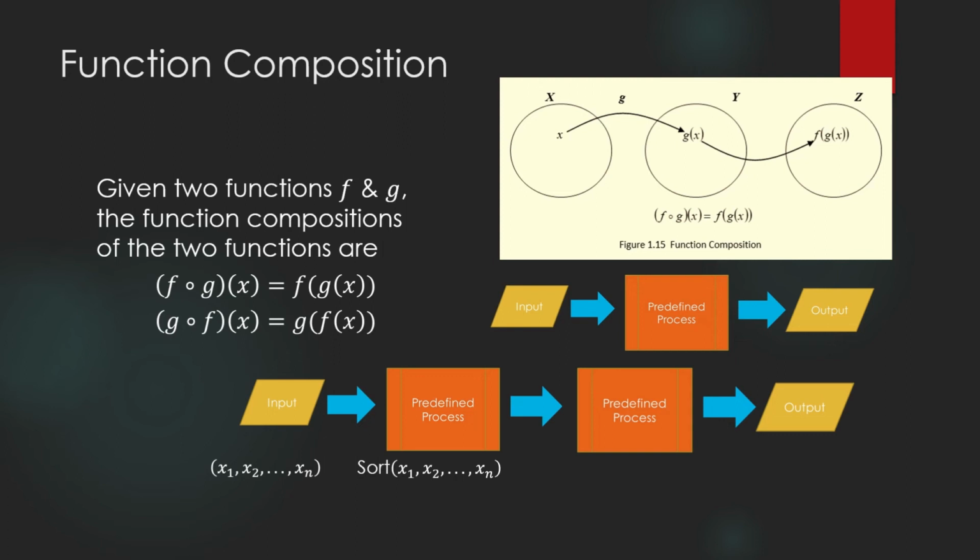And then what happens next is, you can imagine that array of ranked data, you will place them in a conveyor belt and they will enter the next predefined process, which in this case we can call the function f. What the function f will do is find the middle value and then produce a result. And the result is what we call the median. So you can look at a median as a composition of two functions.